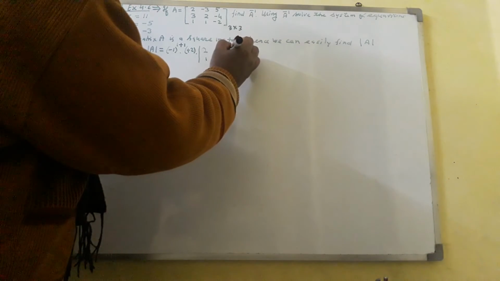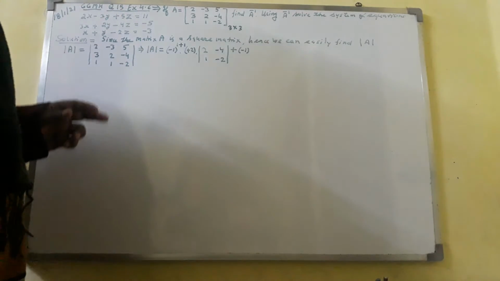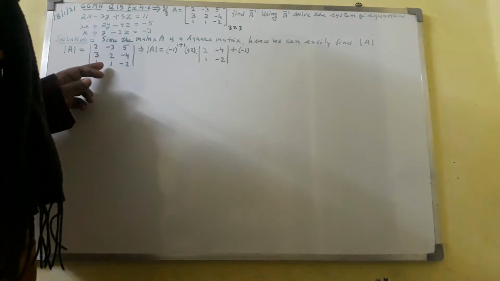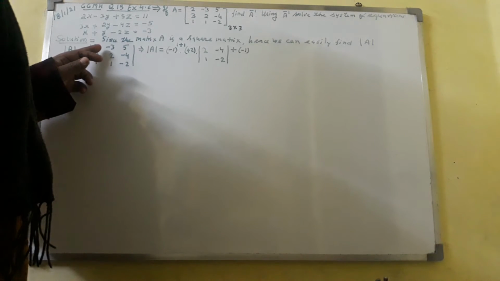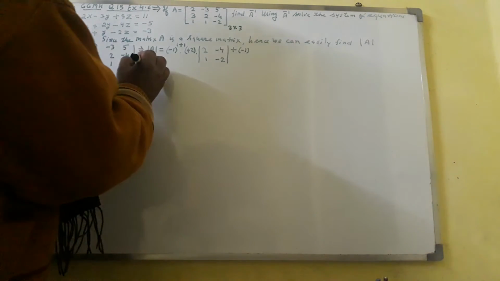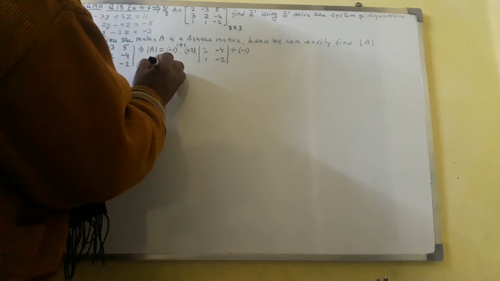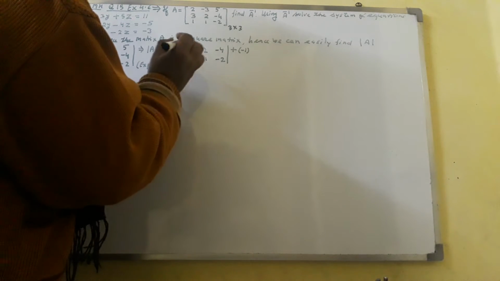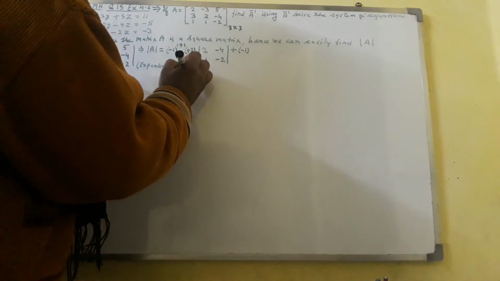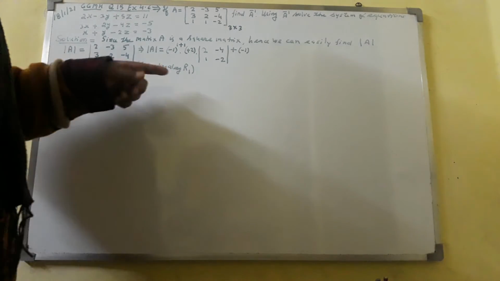After that I shall write here plus minus 1 raised to power. This determinant is going to be expanded along first row, so here I can write expanding along R1, R1 means first row.